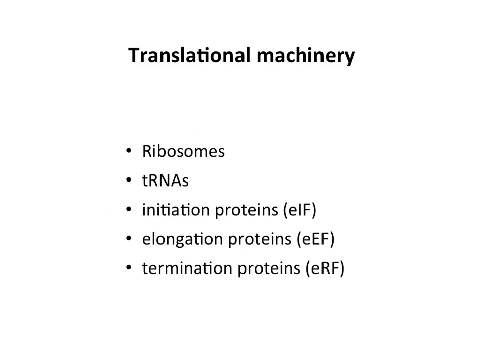In addition to ribosomes and tRNAs, there are also many other proteins that are involved in translation. And they're given very specific names. We're going to encounter these throughout this lecture. They all begin with a little e for eukaryotic, and then they're either initiation factors or elongation factors or termination factors.